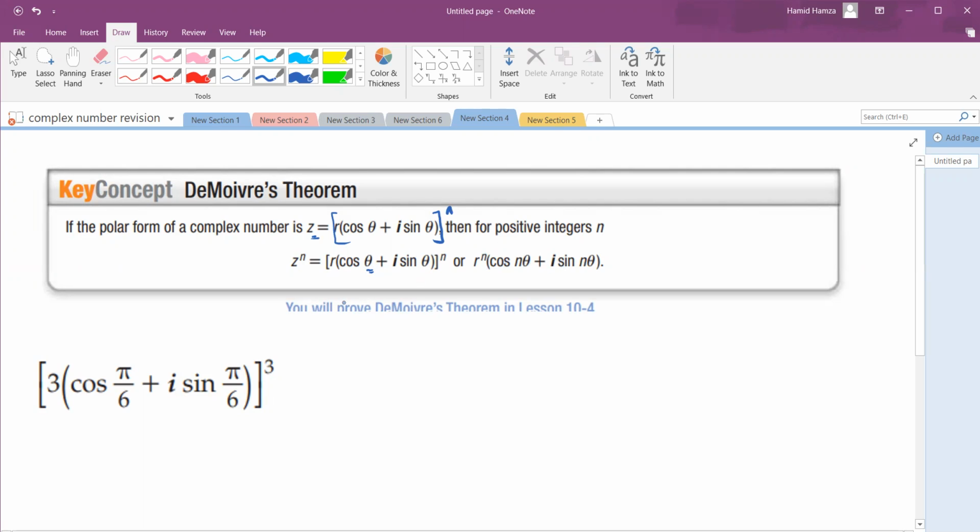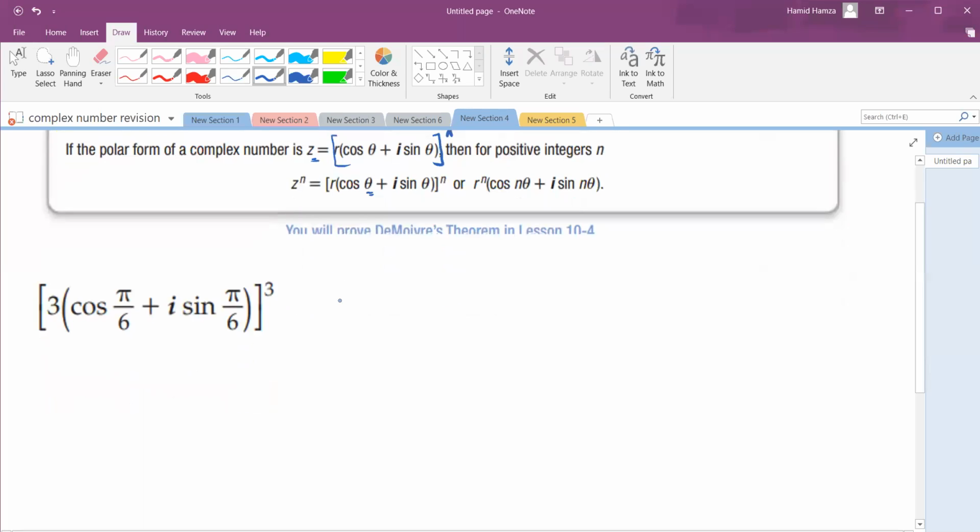It's the easiest way to give you the power of a complex number. So 3, for example, 3 cosine pi over 6 plus i sine pi over 6, all raised to power 3. That means we distribute the power over the modulus, so it will be 3 to the power 3.